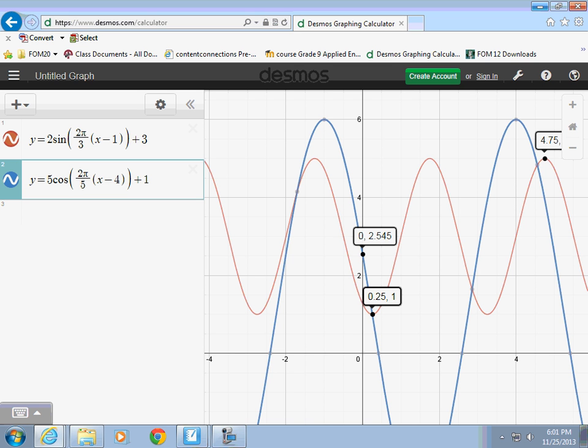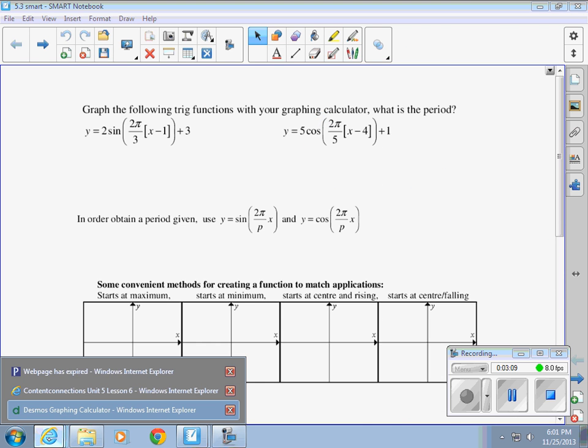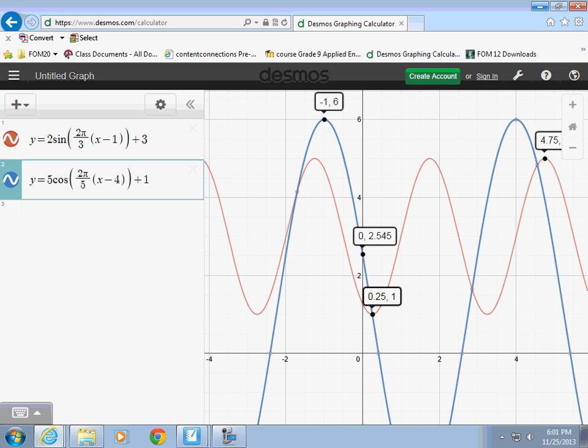So it kind of does that funny looking U. So for the cos graph, it's going from here to where it goes back down, back up again, is to here. So that is going from -1 to 4, so it should work out to be a cycle of 5. I'm still trying to figure out why my sine one didn't give me the value that it should have. But you can see by counting on there, you could calculate it.